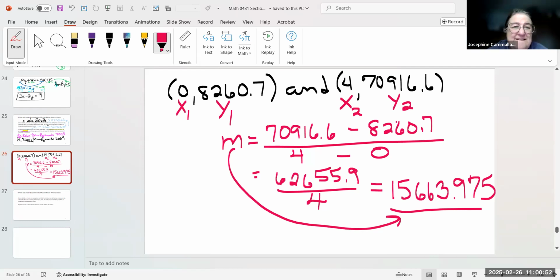That's my slope. Let's make sure I got my calculations right. 70916.6 minus 8260.7 divided by 4. Yep.